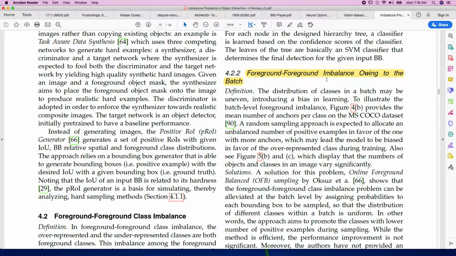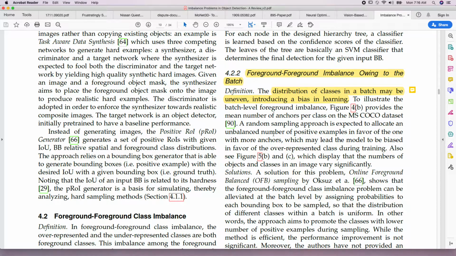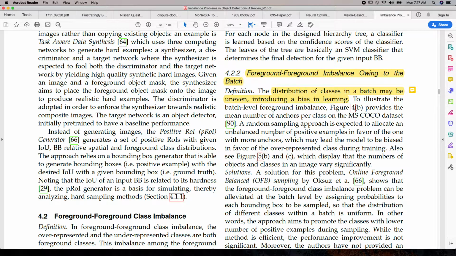You also have the foreground imbalance going to the batch, which is what I said earlier. The degree of class in a batch may be uneven, and that will introduce bias in the learning. Essentially, the way I look at the deep learning framework is, you have students in a class who are trying to learn a new concept, say a new subject. At every class, if you are supposed to have like 10 classes, in each class you are giving them a mini batch of the entire syllabus.